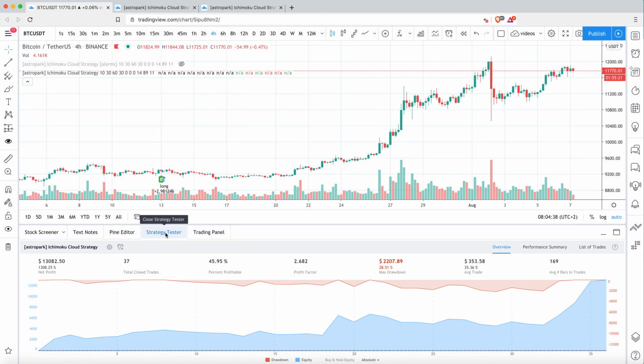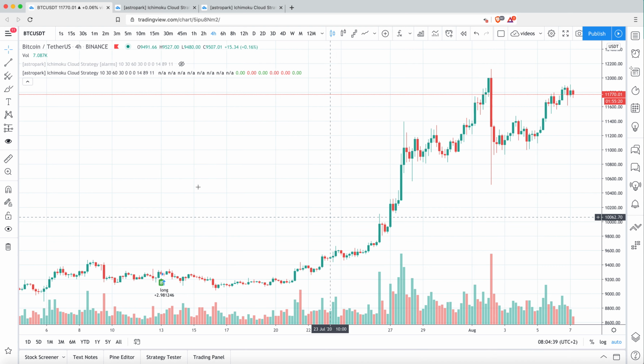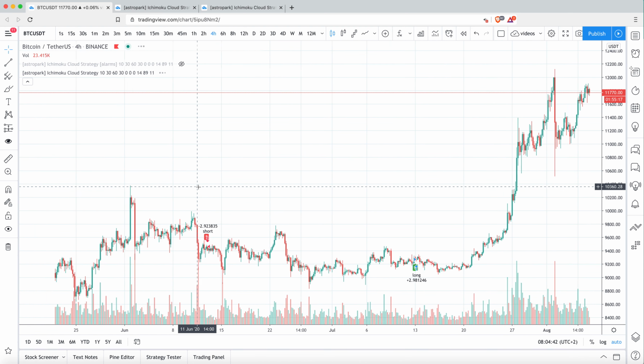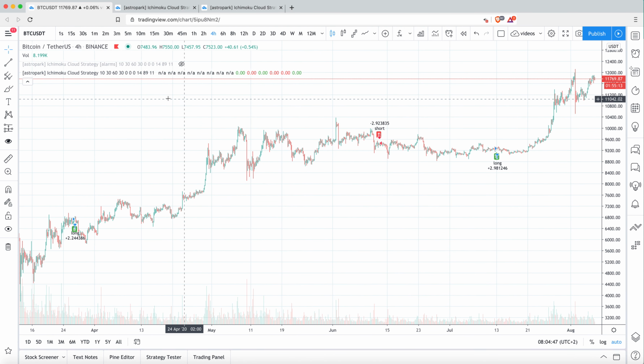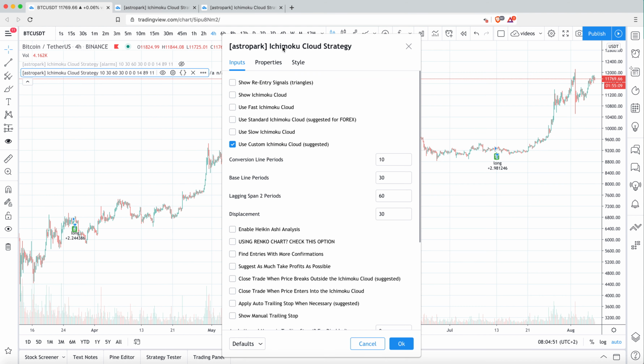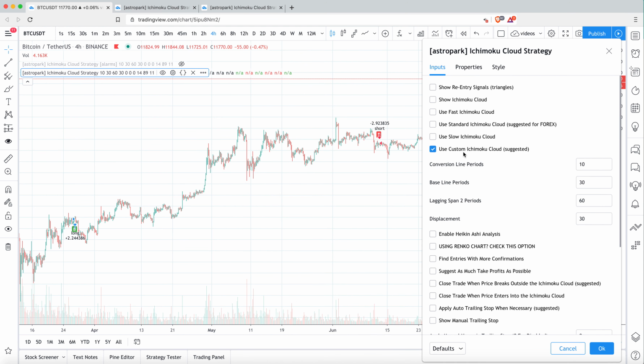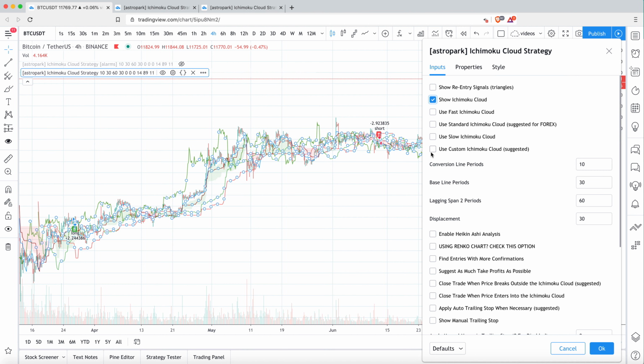What I can do is show you the options you have, okay. This is basically the custom Ichimoku for cryptocurrencies. You can have also, let's show also the Ichimoku cloud, okay.